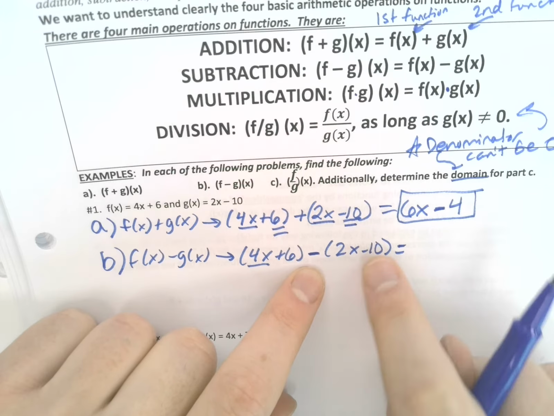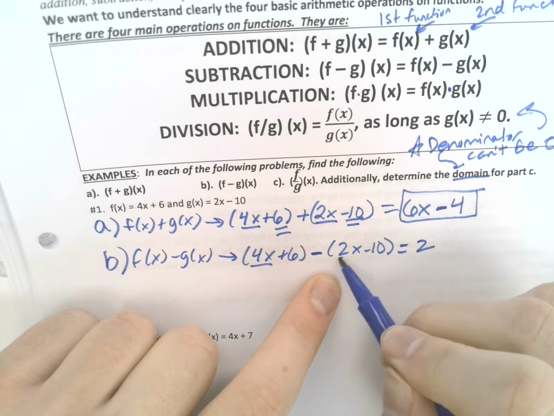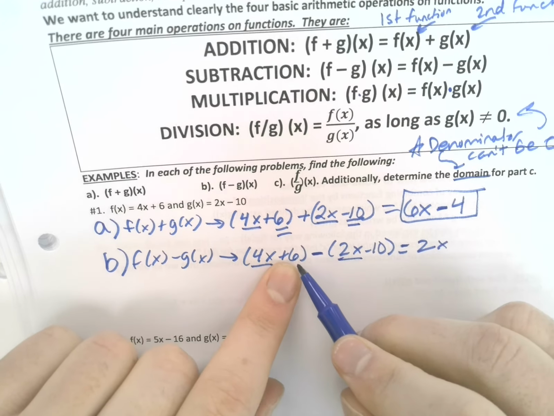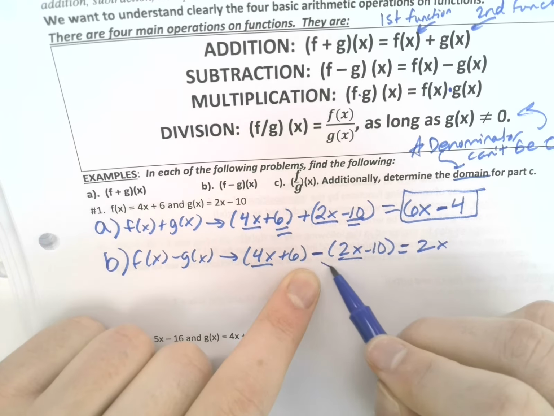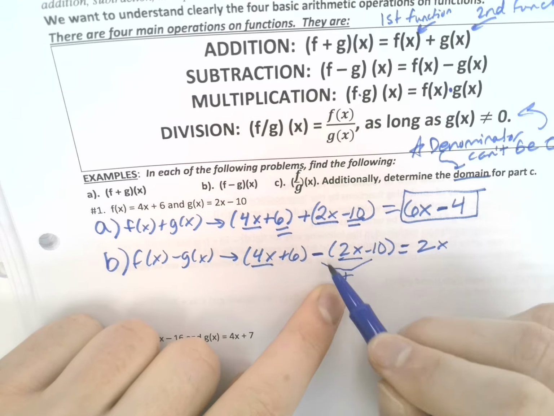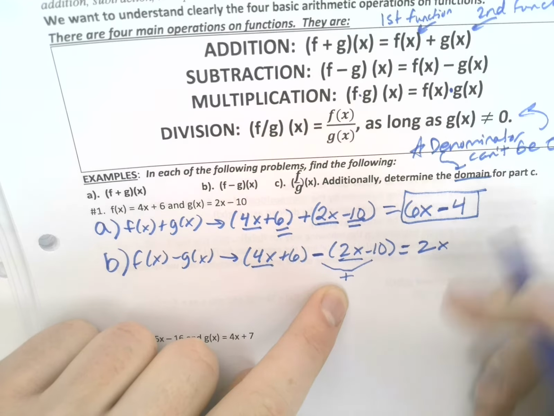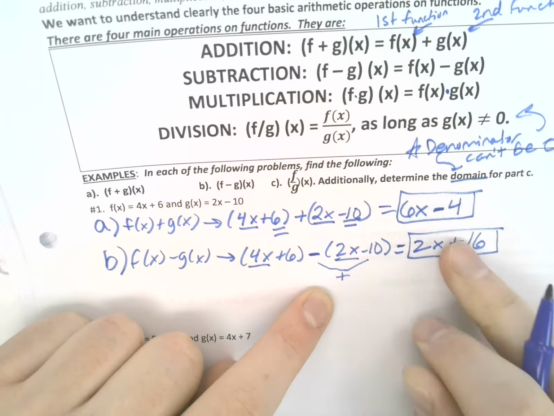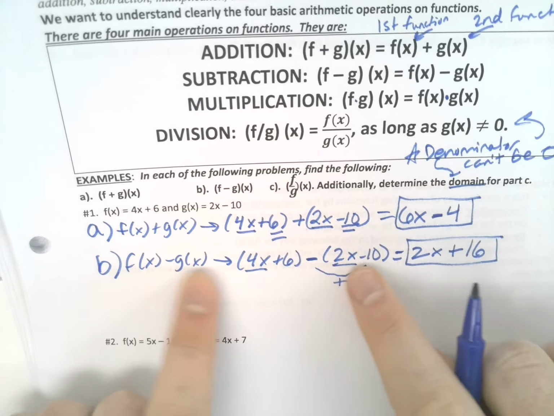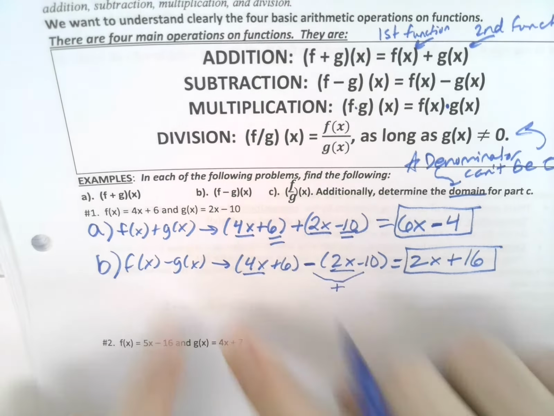So that becomes a negative, that becomes a positive. So 4x minus 2x is 2x. 6 minus negative 10. Ooh, that really becomes a plus 10. So 6 plus 10, that's 16. There's our new function when we subtract these two together. So we get two different answers depending on how we combine our functions.